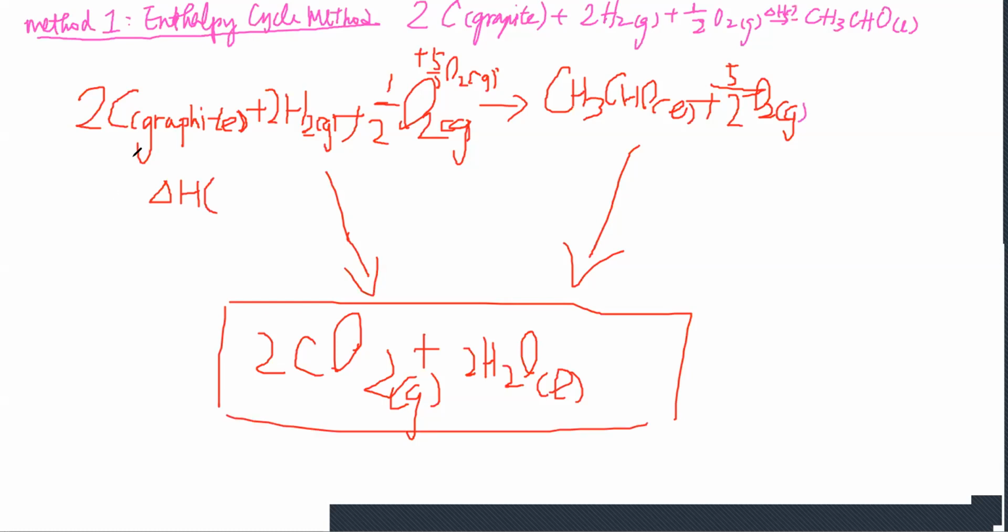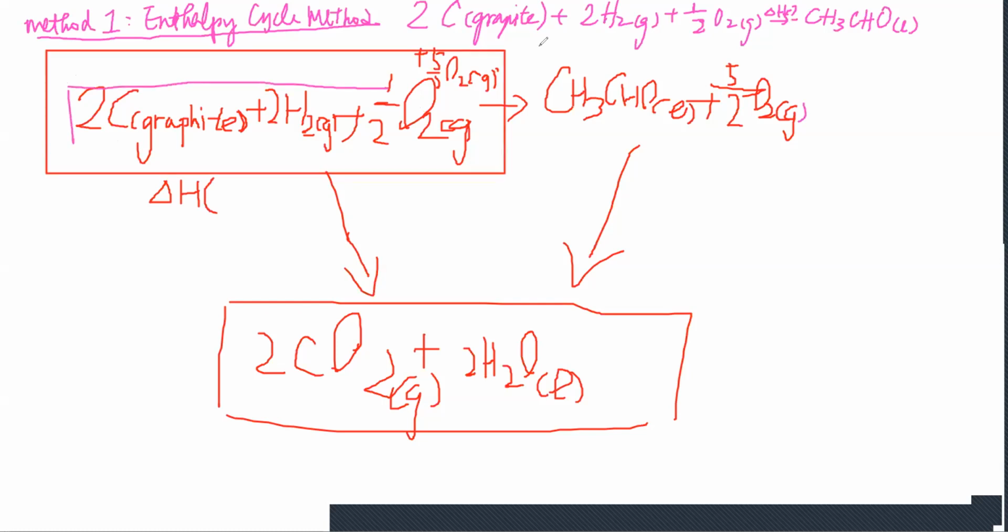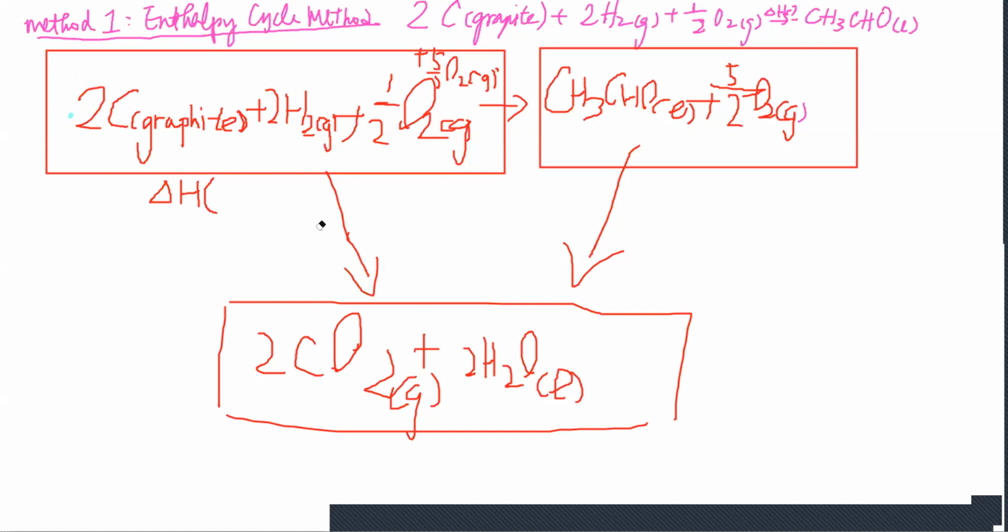So what this person is now doing is we have got those boxes. You are going to find out some similar terms: 5/2, 5/2, and finally 2 carbon, 2 hydrogen.